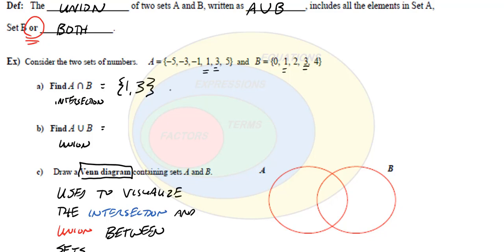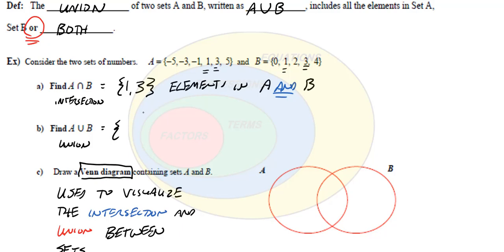So these numbers, the intersection, are the elements in A and B. And we have that and connector. The union includes all the elements in both A or B. So they're all the elements in A and all the elements in B together.